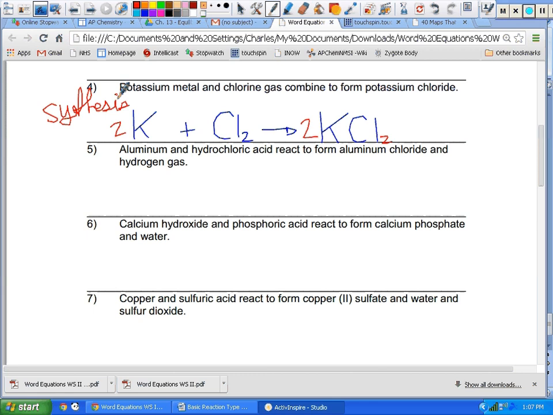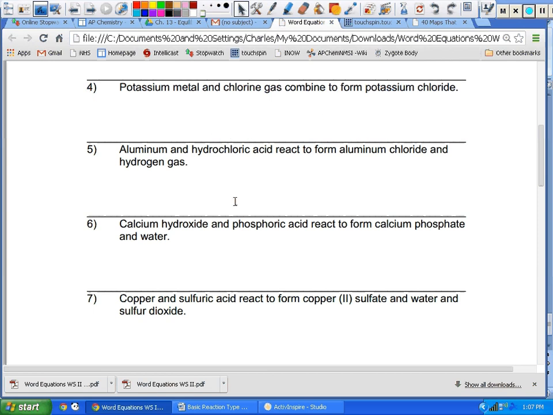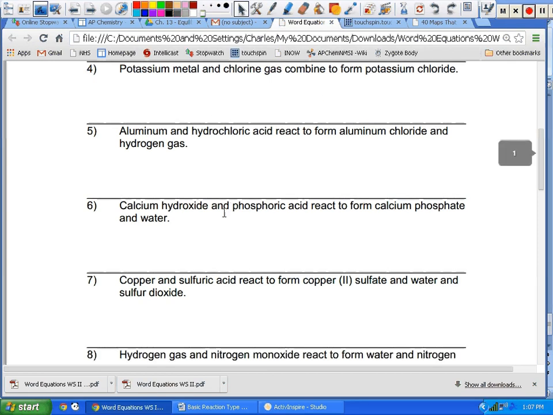The gun and the bullet. That's it. Zinc is not one. It's a single plus a compound. That was a single and a single. That's like A plus BX makes AX plus B.